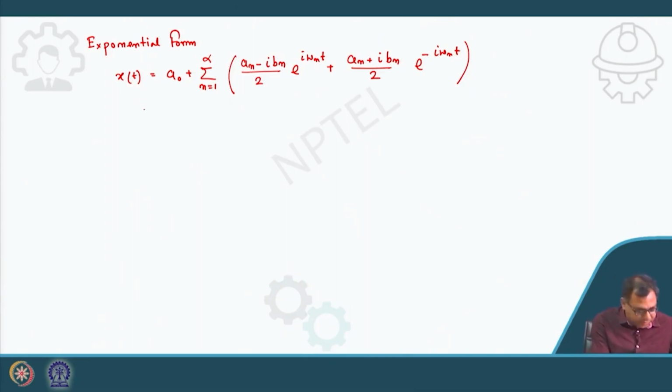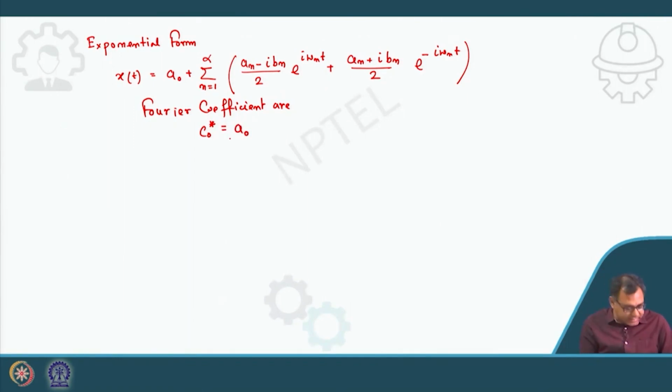Now the Fourier coefficients are C0 star, that is equal to A0. Why star? Star indicates it is a complex coefficient, because there is an i term; it is of complex nature, which is indicated by the star.